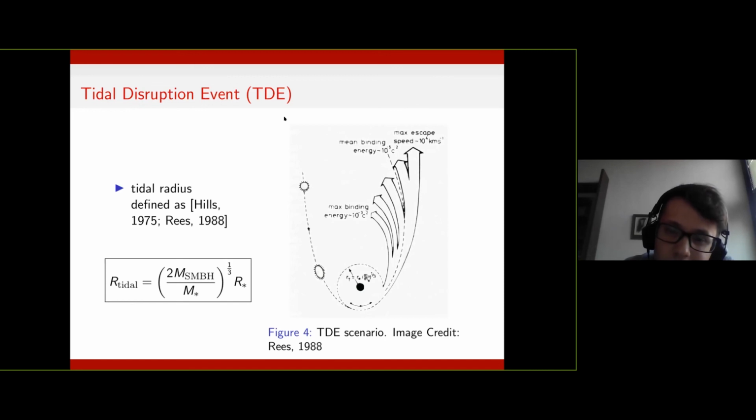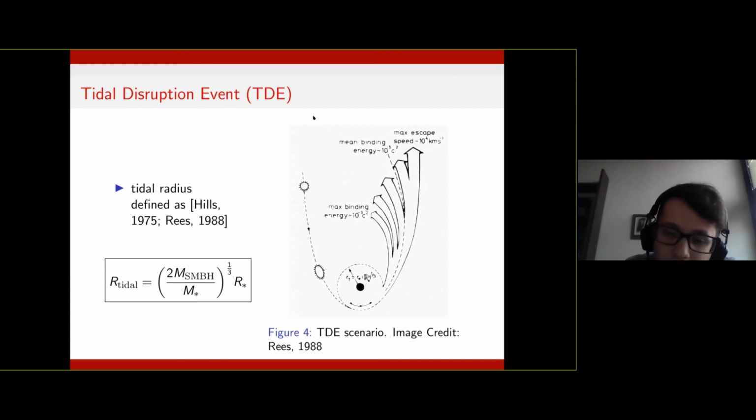Yeah, so this kind of event is called a tidal disruption event, and it's shortly marked as TDE. This comes from the article by Rees from 1988, which shows a scheme for such an event, together with something like energetic gas.